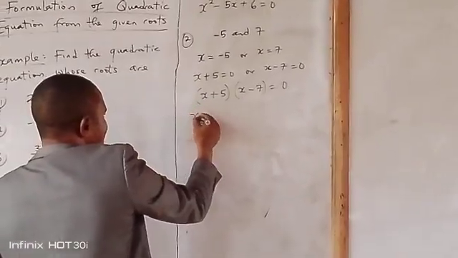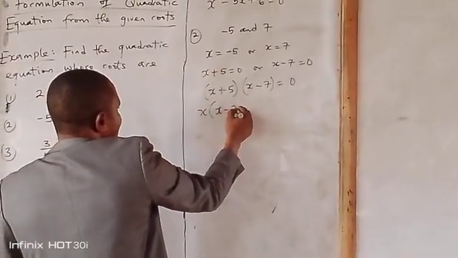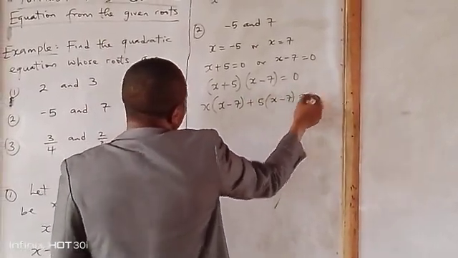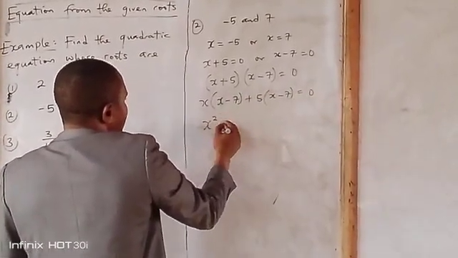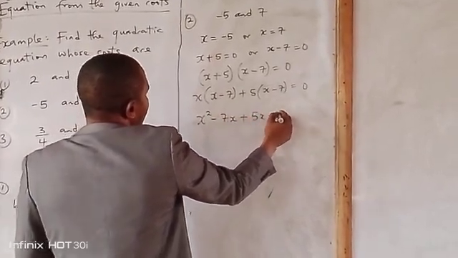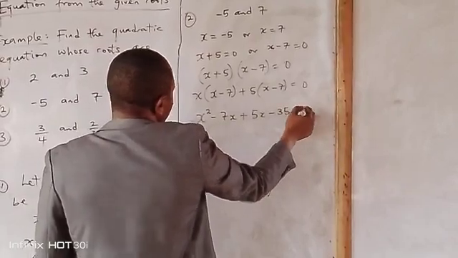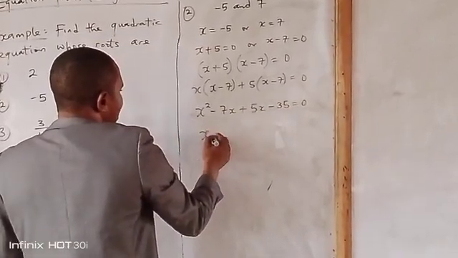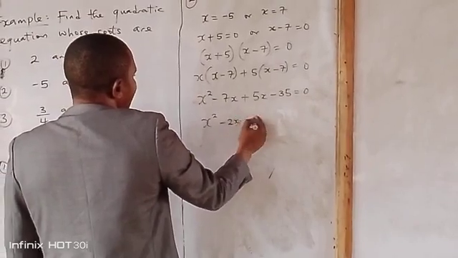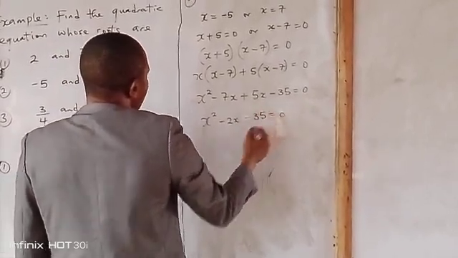And we are going to expand it. We have x in bracket of x minus 7 plus 5 into x minus 7 is equal to 0. x squared minus 7x plus 5x minus 35 is equal to 0. Then we are going to have x squared minus 2x minus 35 is equal to 0.